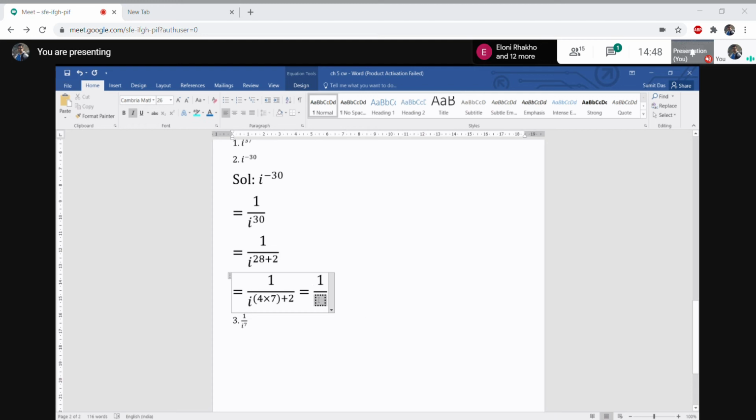We can write i to the power 4 in bracket to the power 7.